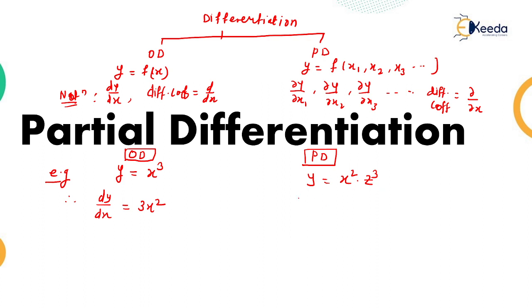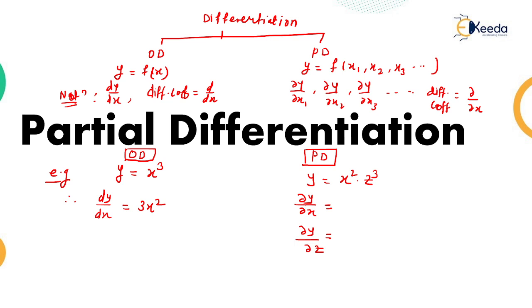I hope you understand. So in partial differentiation you take the differentiation of y with respect to x, and also the partial differentiation of y with respect to z. Because there are two independent variables, the number of times you take the differentiation of y equals the number of independent variables.